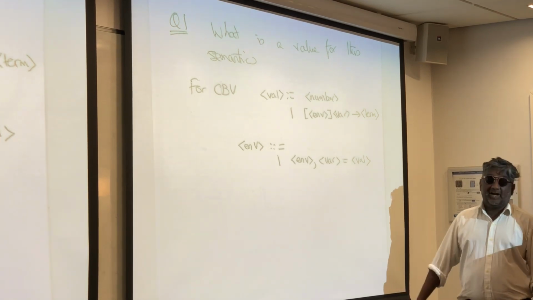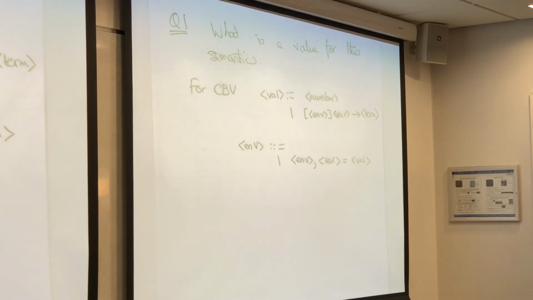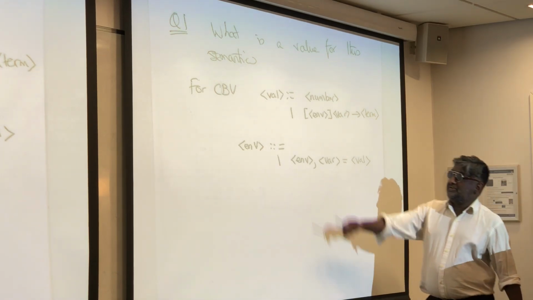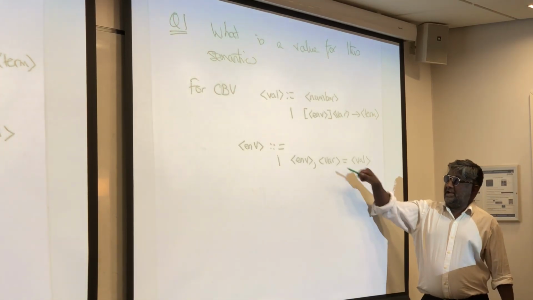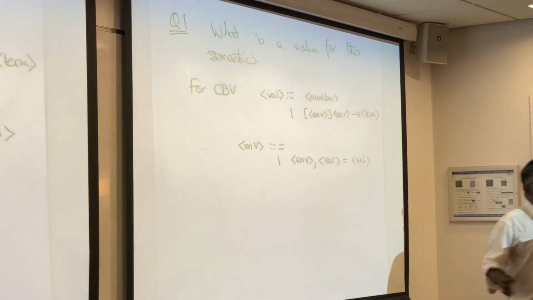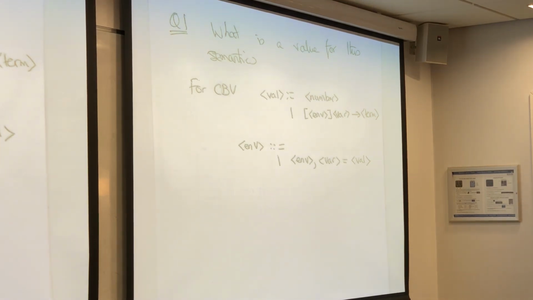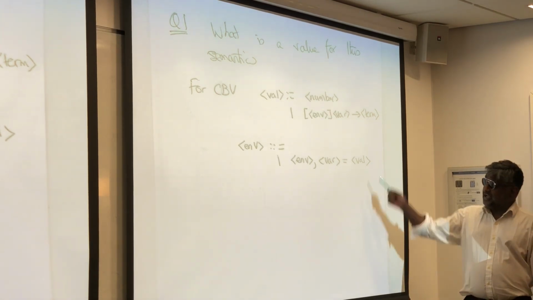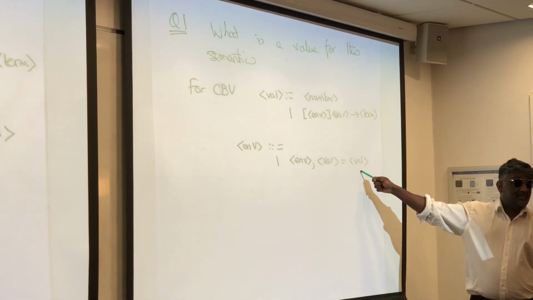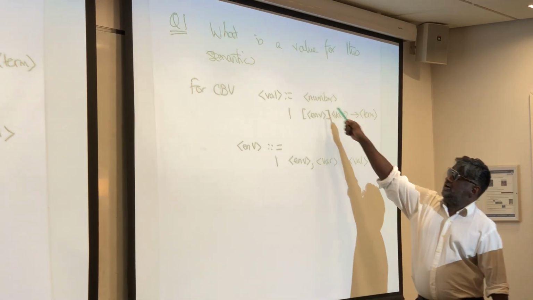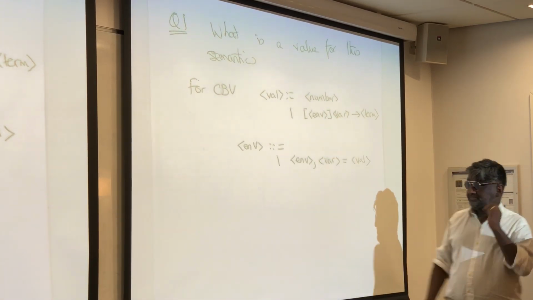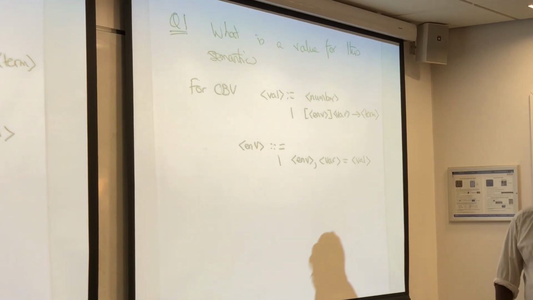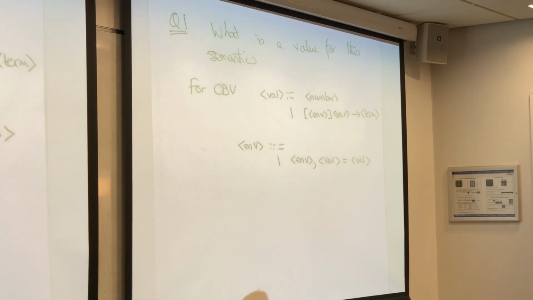Maybe you've done this in the hand-in: I might have given you an environment where x equals 5 plus 2 and asked whether it is a good environment. The answer is no, because 5 plus 2 is not a value. Remember, values are just numbers. So that's what we do with call by value.